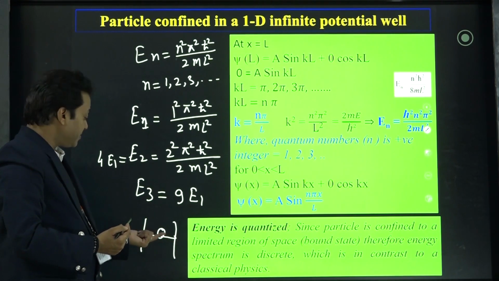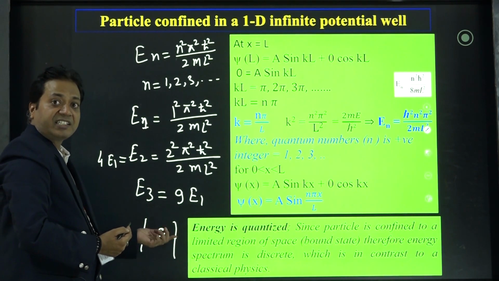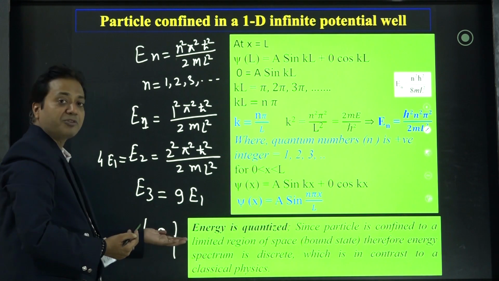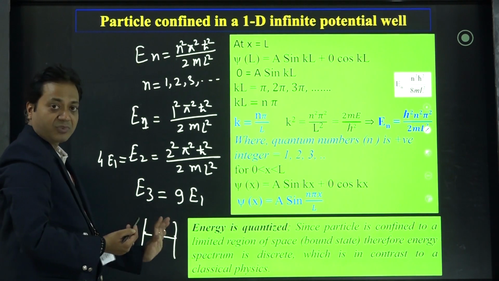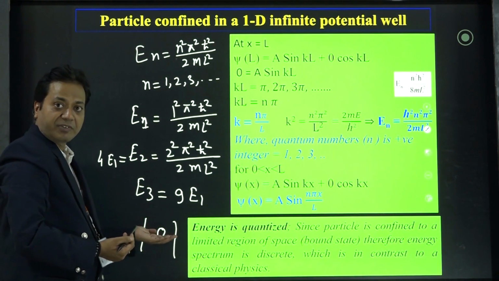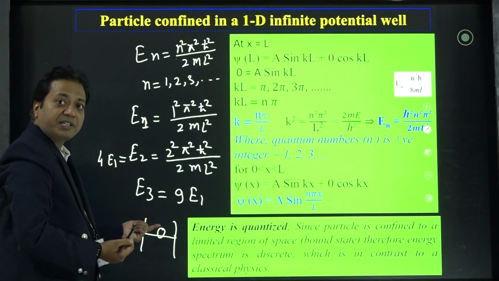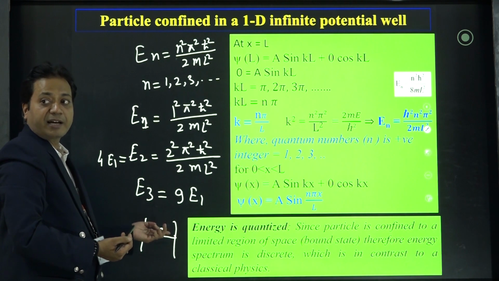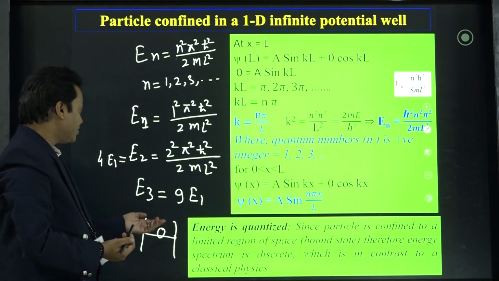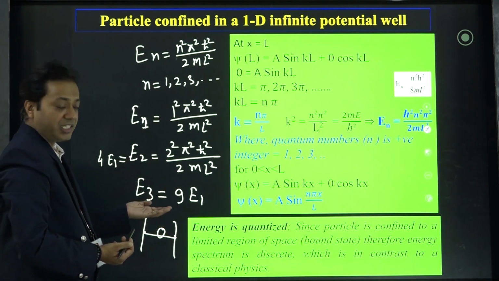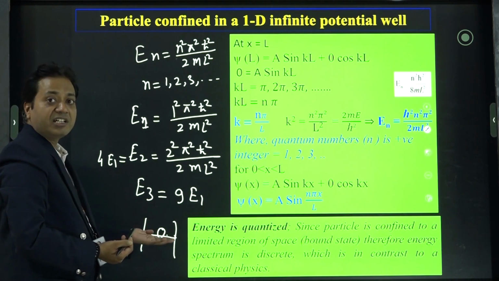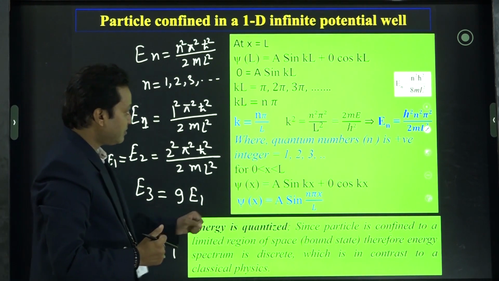If it has high energy, it will be fast moving. If it has low energy, it may be slow moving between these two walls. So it can have any value of energy if it is a classical ball, but if it is a microscopic particle, then it can have only discrete values of energy, which is E1, E2 or E3. It can never be continuous.